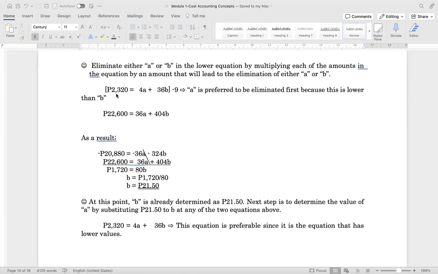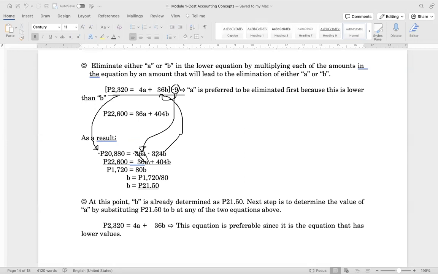So 2,320 is equal to 4a plus 36b, times negative 9 to get negative 36a. And negative 9 times 2,320, that is negative 20,880. And negative 9 times 36b, that is negative 324b. This time you can cancel the negative 36a and positive 36a.